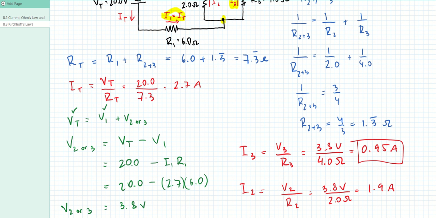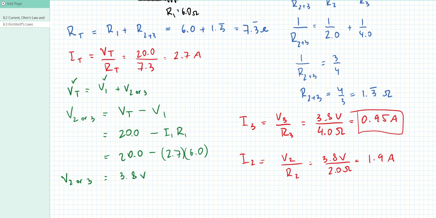So I think if you recalculate V2 or V3, or even starting here with the total current, 20 divided by 7.3, that would be 2.739. I think the only issue here is rounding.